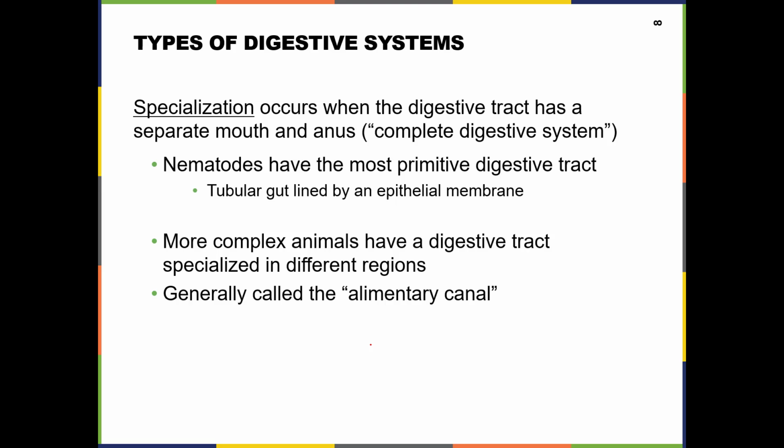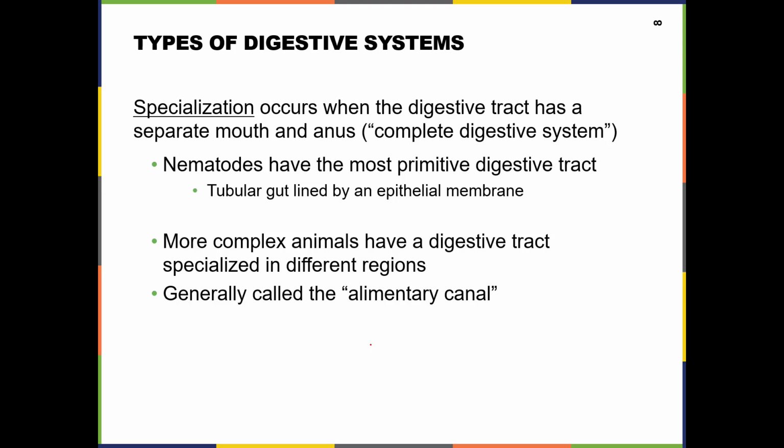But the most important thing is that the epithelium secretes the enzymes needed to break down the food. So food comes in the mouth. If it can be broken down to a small enough size, then it'll be passed across the simple epithelium into the body. Otherwise, the waste comes out the anus. So we call it a complete digestive system when there's a separate mouth and anus, because that means that the food moves through the system in a unidirectional way.